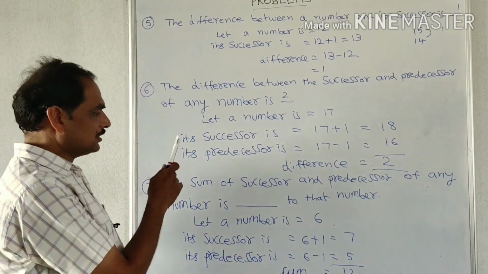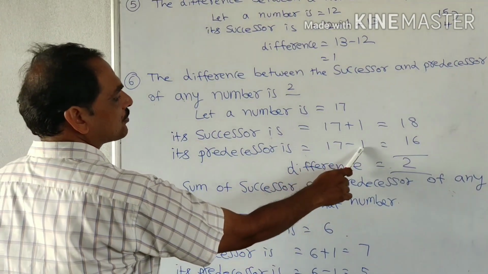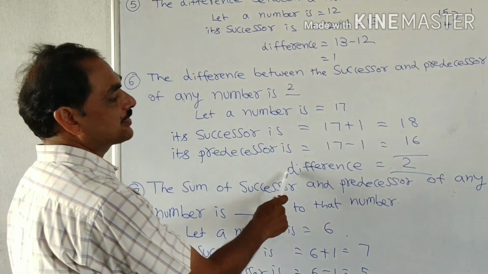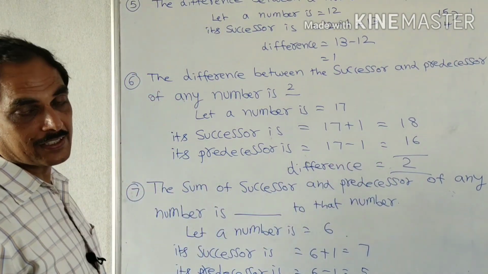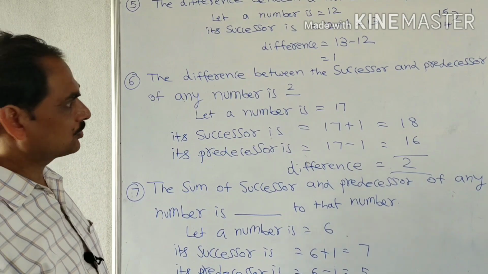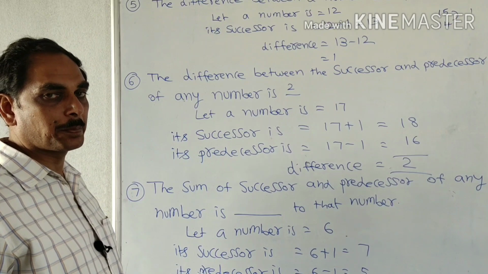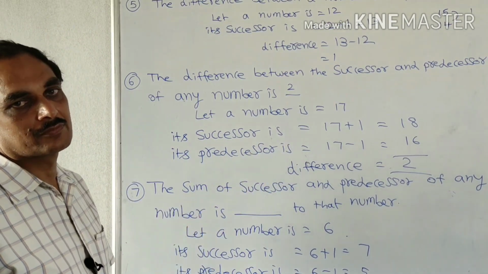Next, its predecessor is 17 minus 1, equal to 16. So now the difference is 18 minus 16, which is 2. So this is also always equal to 2. That means the difference between the successor and the predecessor of any number is always equal to 2.